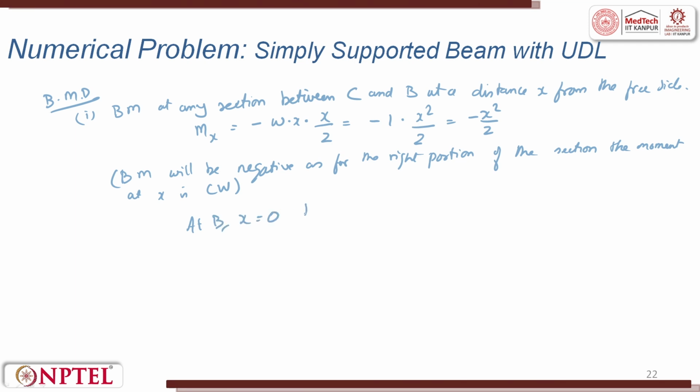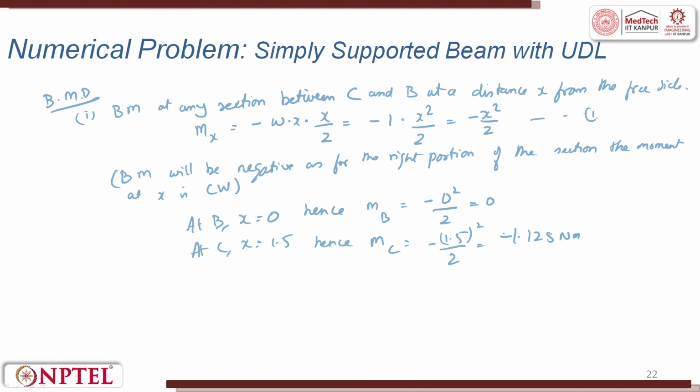So, now the bending moment at B, x is equal to 0, hence MB will be equal to minus 0 square by 2, which is 0. At C, x is equal to 1.5, hence MC will be minus 1.5 the whole square by 2, which is minus 1.125 Newton meter. So, I will make this equation 1.